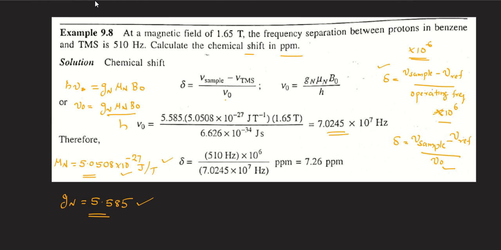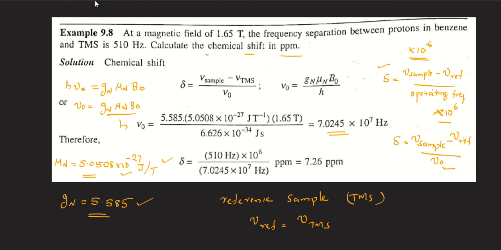Now in the present case, the reference sample is tetramethylsilane, abbreviated as TMS. So I can write nu reference equal to nu TMS.